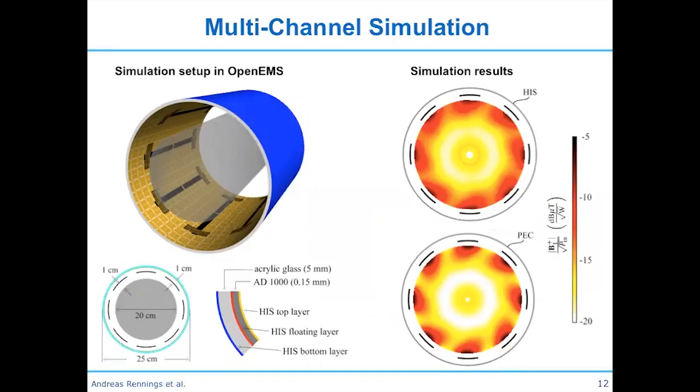The interesting thing here is really that we did this simulation in OpenEMS. Why? Because it offers the cylindrical FDTD mesh. The tricky point is really this extremely thin, high dielectric between the top layer of the HIS and the red intermediate floating layer of this high impedance surface.